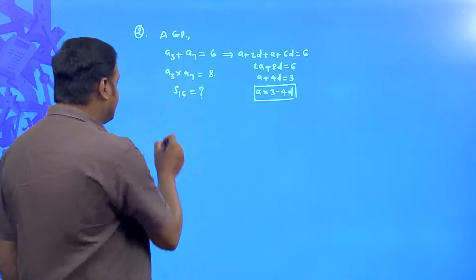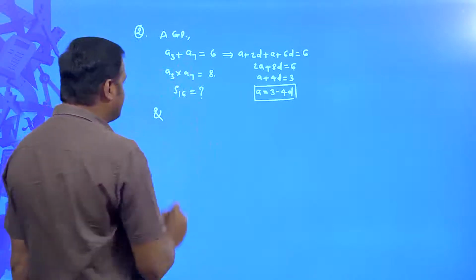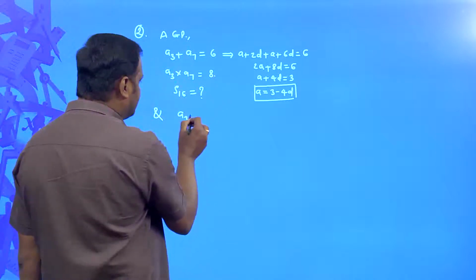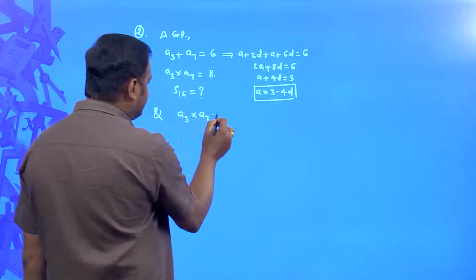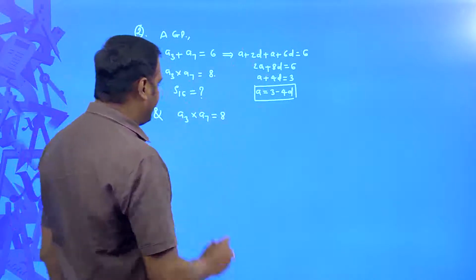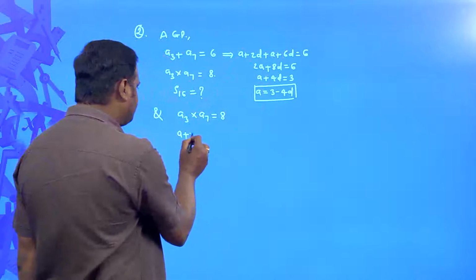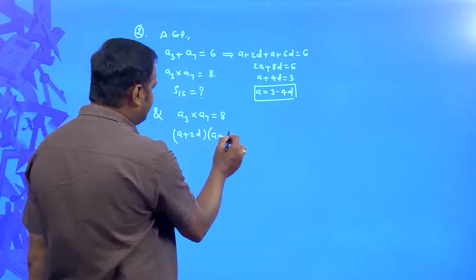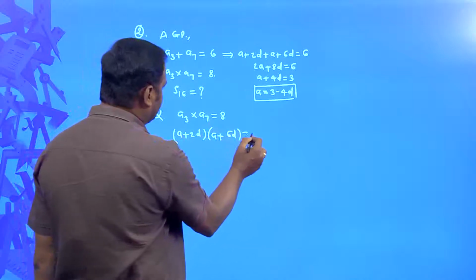And what is the second information given here? The second information given is the third term into seventh term is equal to 8. The third term multiplied by the seventh term is equal to 8. What is the formula for the third term? Again a plus 2d, multiplied by the seventh term, a plus 6d, is equal to 8.